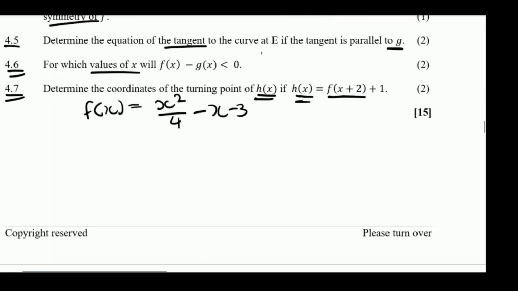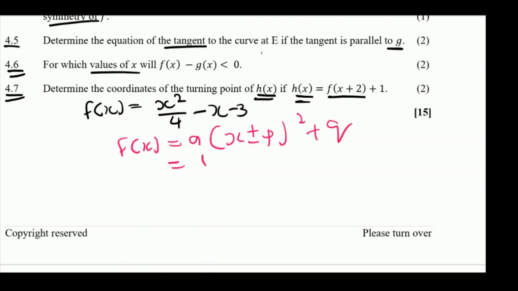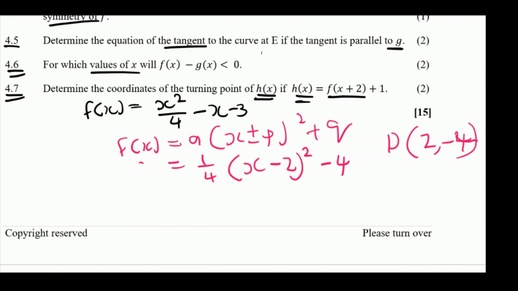So we can simply write our f of x in this format. We know the form is a(x minus p) squared plus q, and we know our value of a, it's 1 over 4, and then as I said, D is 2 and minus 4, right? So our x value is going to be x minus 2 here, squared, and then minus 4, right? So this is our f of x, and we are told that h of x is equal to f of x plus 2.